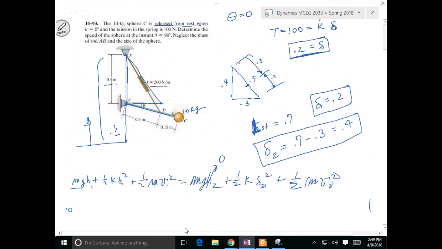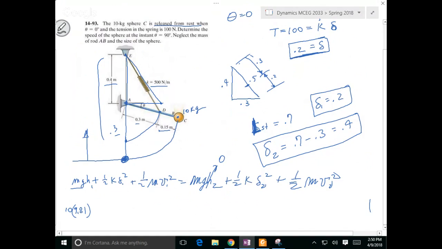So the H is the distance from here to here. Oops, mistake. This is where the mass is. So the datum is not to there, it's to here. So the initial height is from here all the way to here, because when it's vertical, the mass is here.